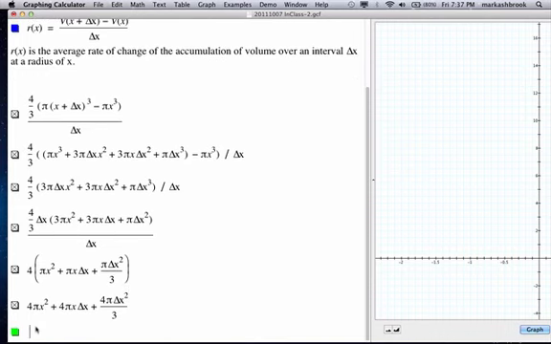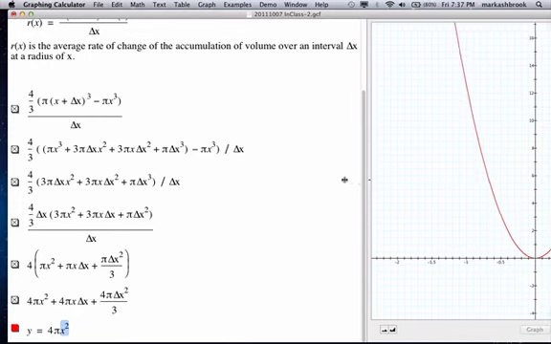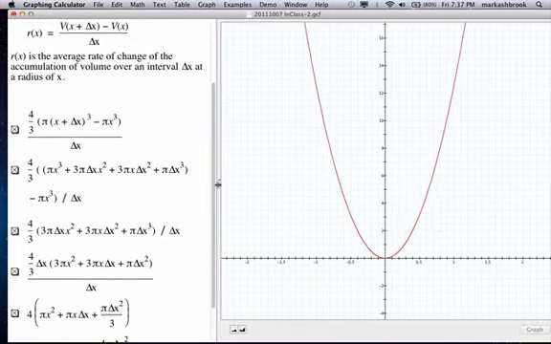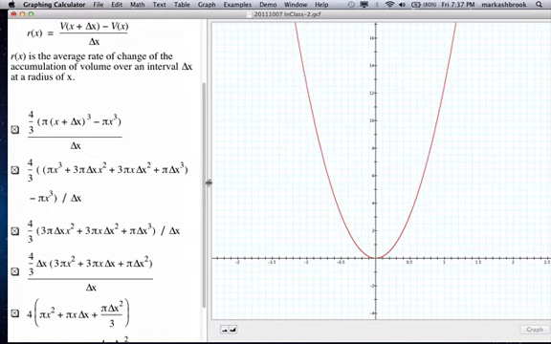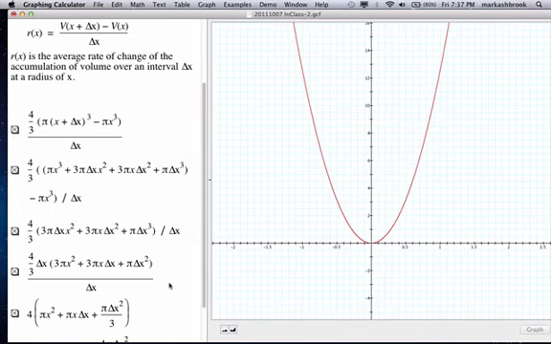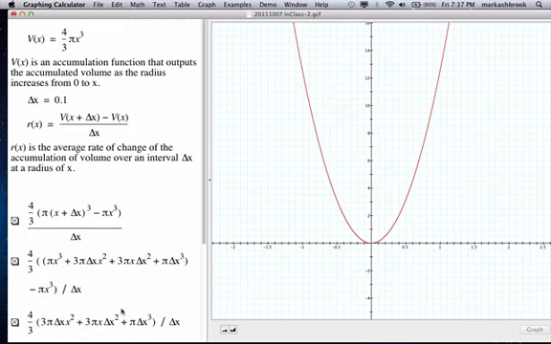So let's graph that. Graph that red. Okay, so what have I just graphed? I've graphed the exact rate of change function for the accumulation of volume of a sphere.